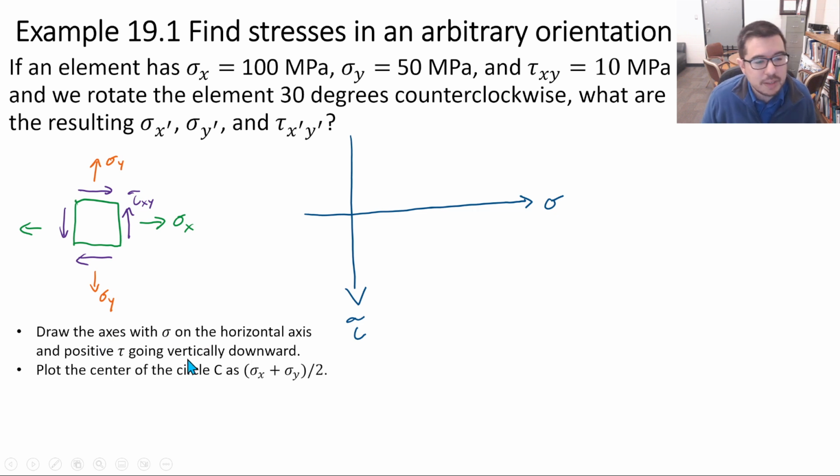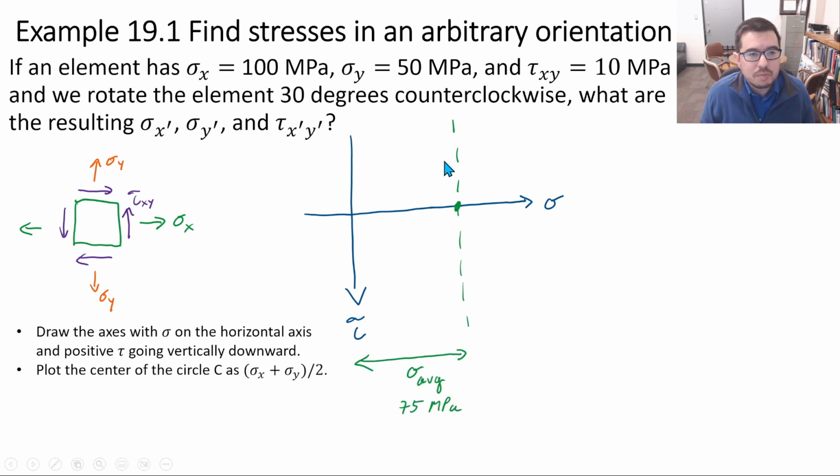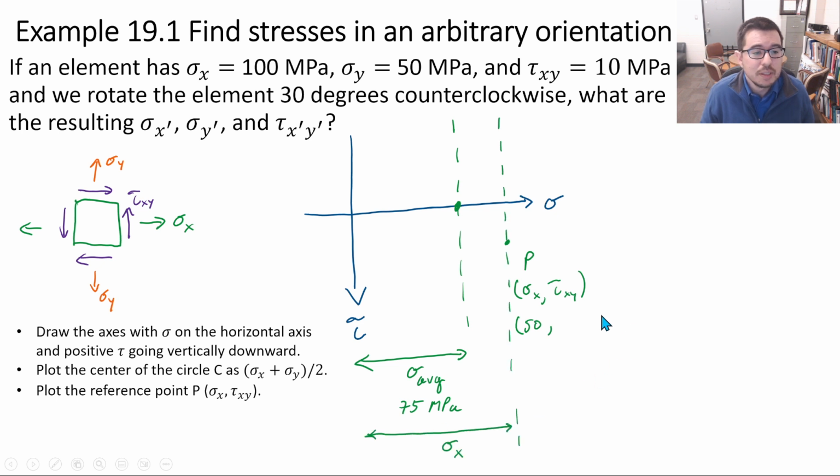We're going to draw the axes, tau going downward. We're going to plot the center of Mohr's circle. And as we transform, even if we go to whatever sigma x prime, sigma y prime, it's going to give us the same center, right? Mohr's circle is not going to be moving on stress horizontally. Then we plot our reference point, like so.